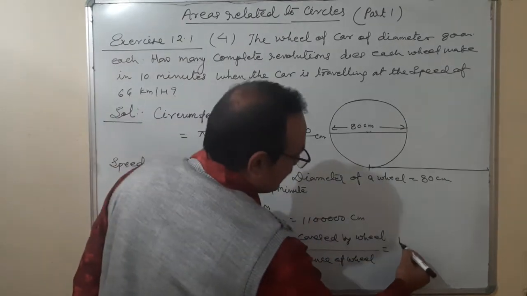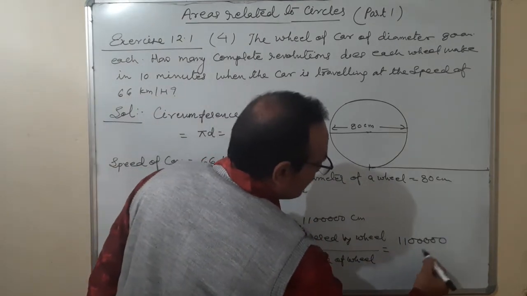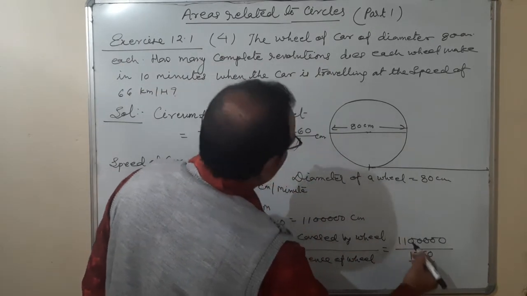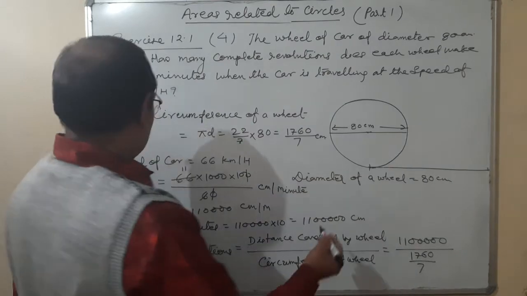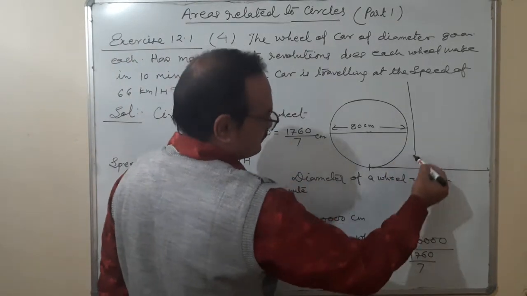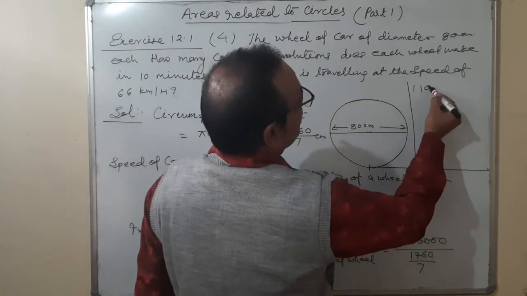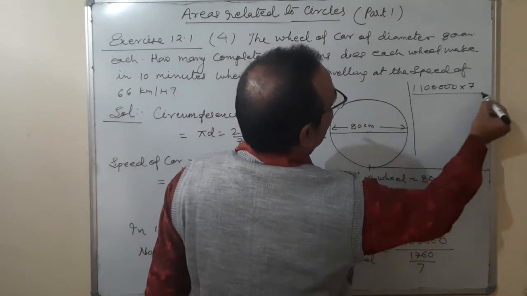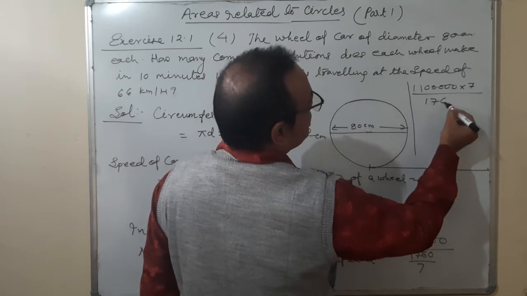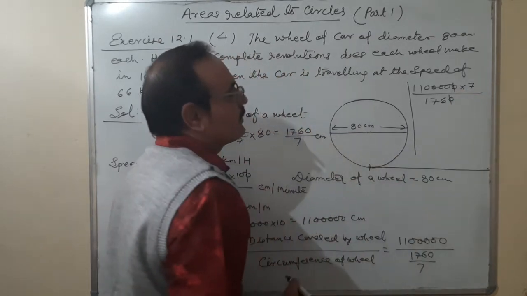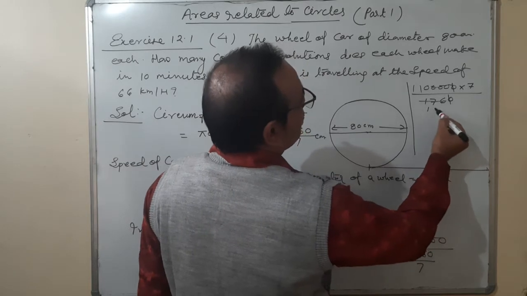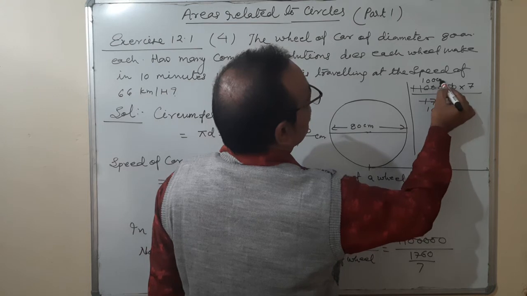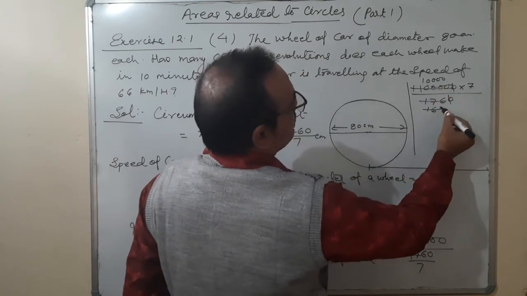Total distance covered 11,00,000 upon 1760 upon 7. Now to simplify this term, 11 lakh multiplied by 7 upon 1760. 10 cancel. It is cancelled by 11. Now it is cancelled by 4.